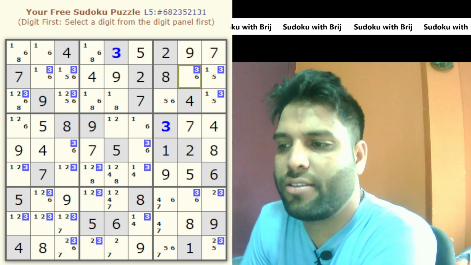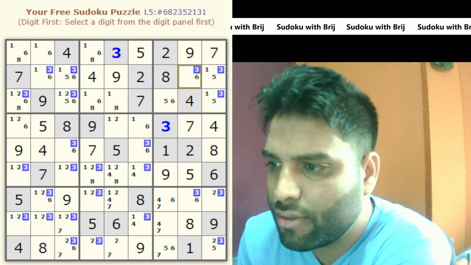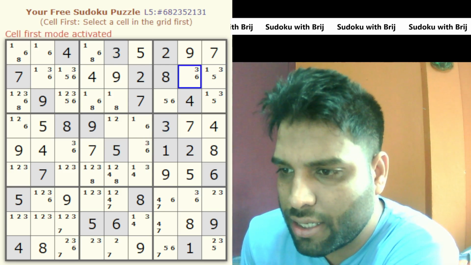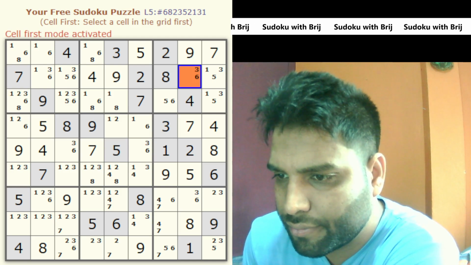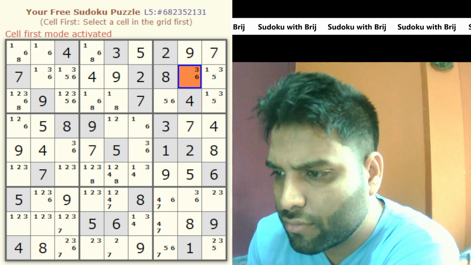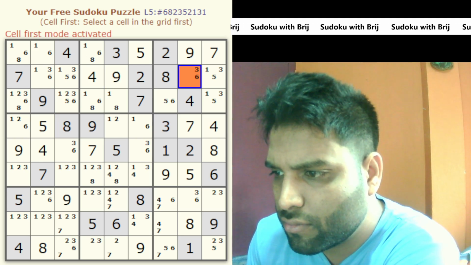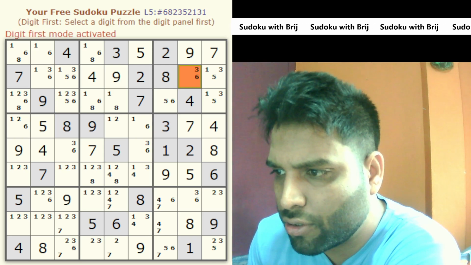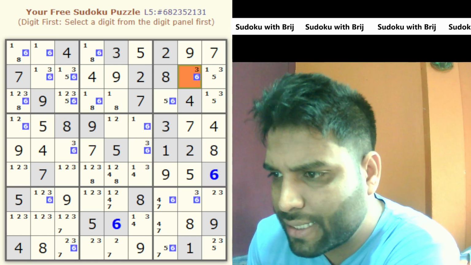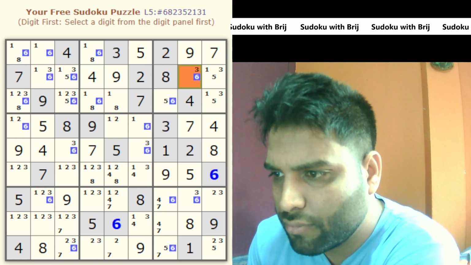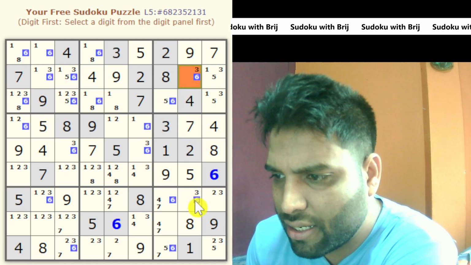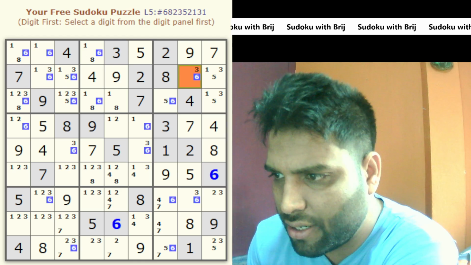I think there is a pinned X-Wing. So let's take a scenario of 3. You can see 3 in this cell and 3 in this cell, right?